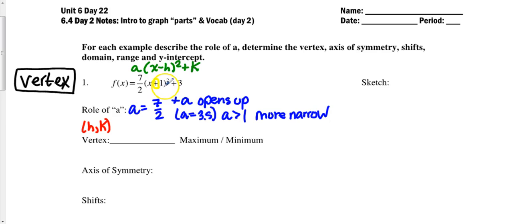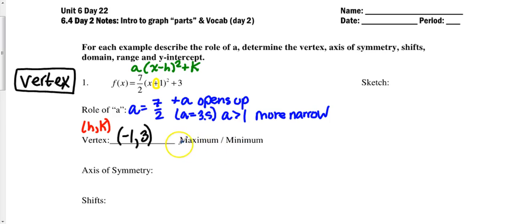So if I see a plus 1, what kind of 1 was plugged in for H? The answer is a negative 1. That's what caused the original negative to turn into a positive. It's the same as saying x minus a negative 1. Minus minus turned into a plus. So that's H. K we can take straight from the end over there. So that's negative 1, comma 3.